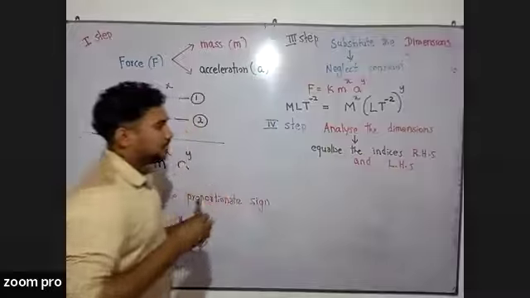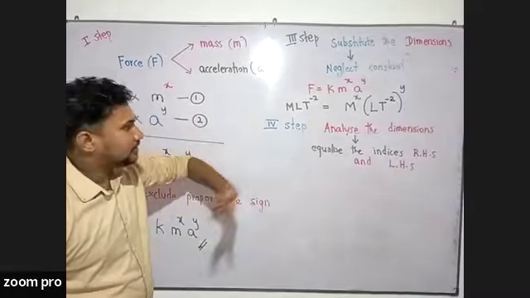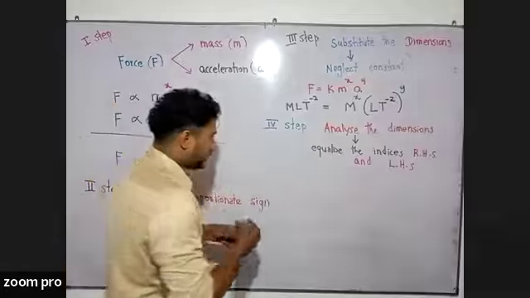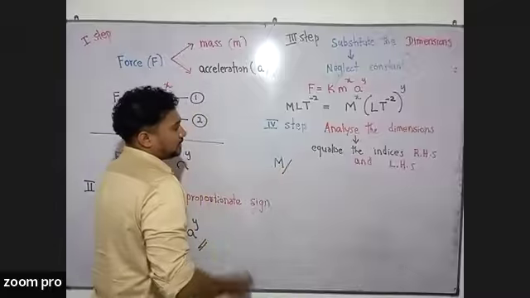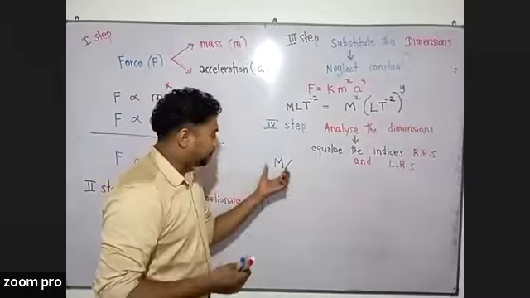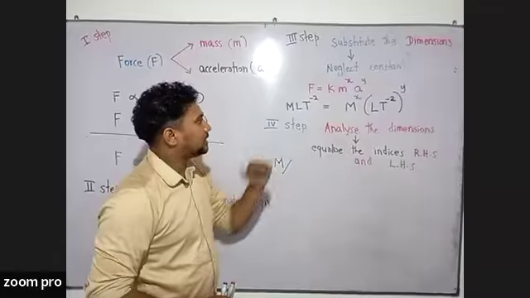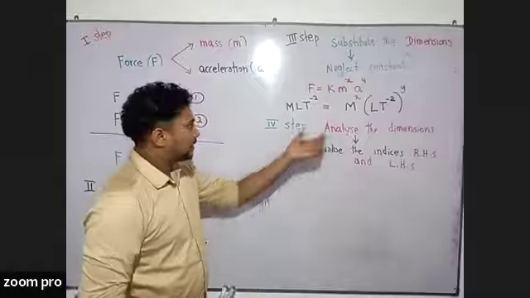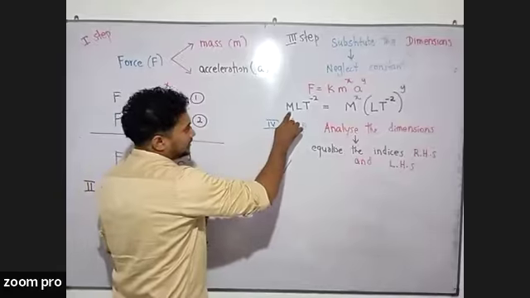Okay, just observe the way these things work. Now let's take capital M. If you're going to consider the M, you are only considering the index of the particular dimension, right? Now in the left side, this is the M, right?